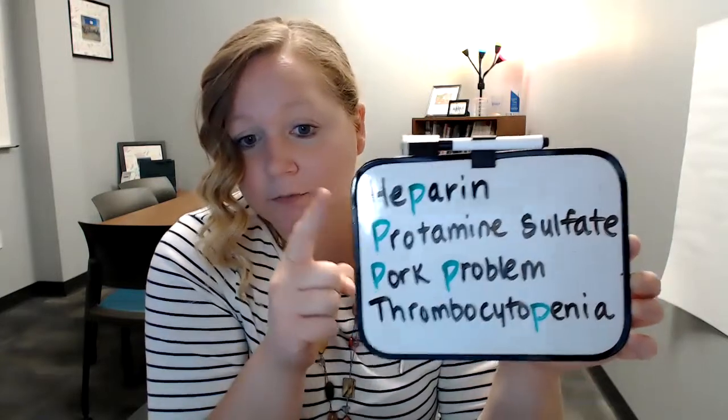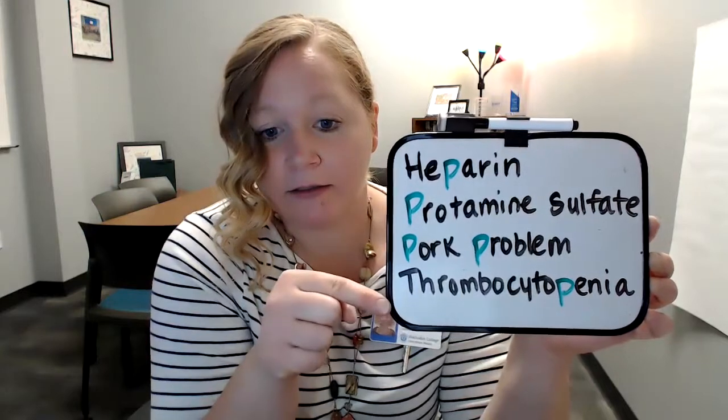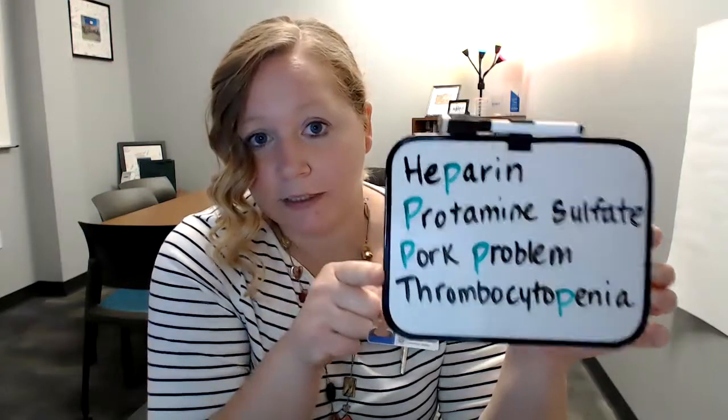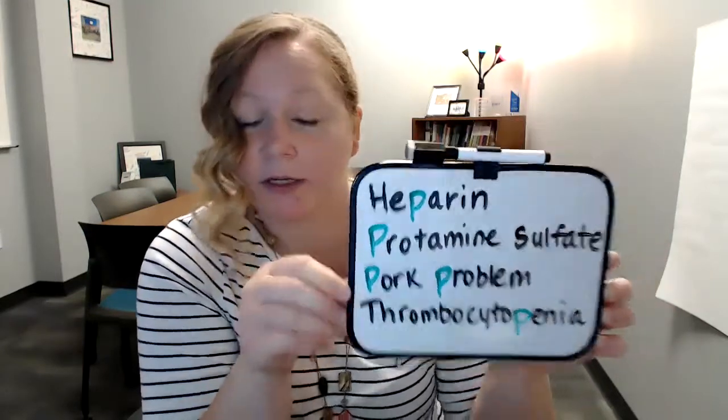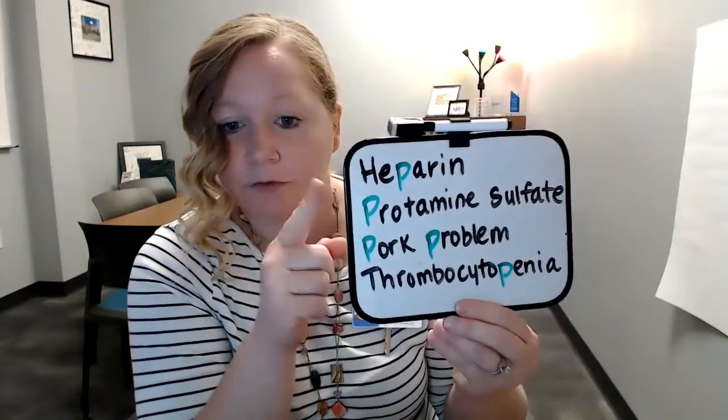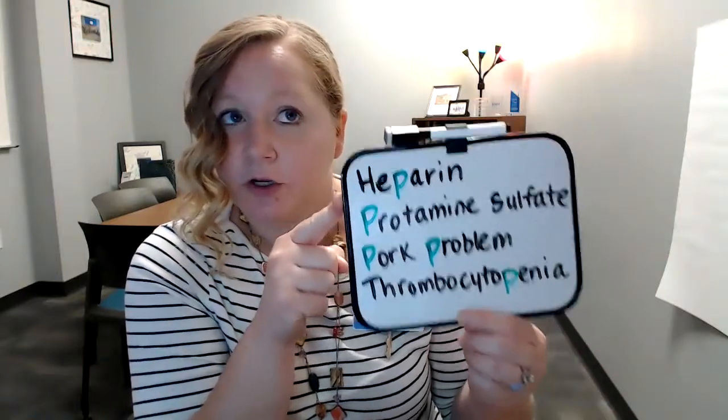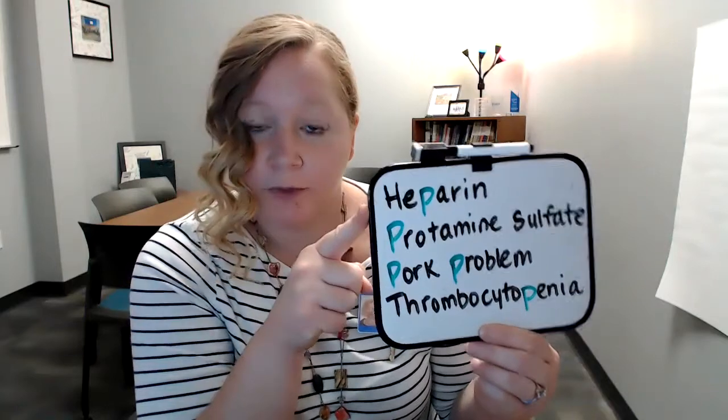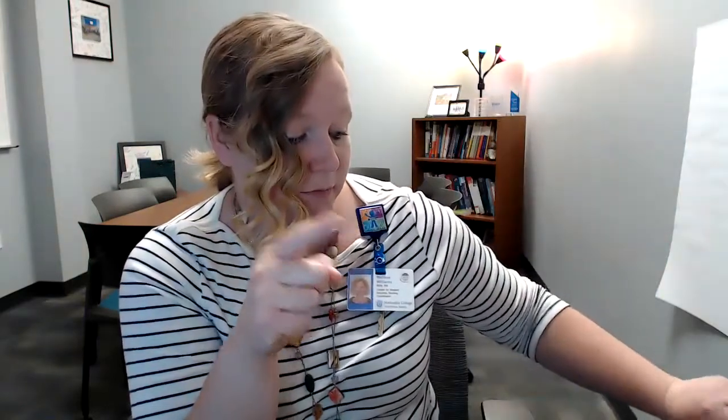So remember the P theme here, and that might help you with heparin. And as a side note, I don't have a little extra one of these, but coumadin, warfarin, the antidote for that one has the K sound. So vitamin K is the antidote for coumadin.